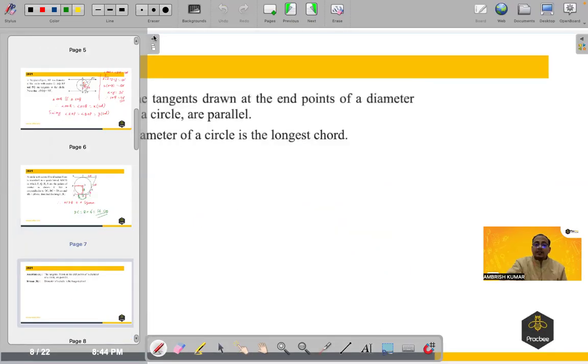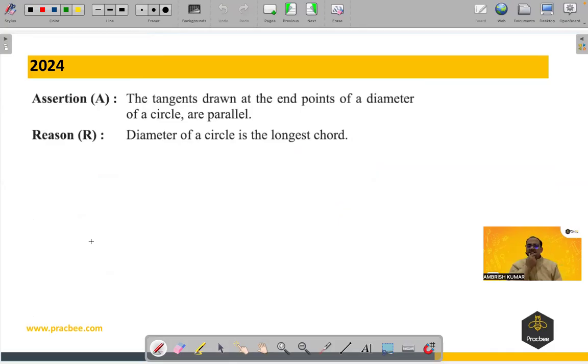Now, getting to the next question. So, assertion and reason. Look, the tangents drawn at the end points of a diameter of a circle are parallel. Yes, it's true. You can say this whenever you take the diametric end points. If you draw tangents there, they are going to be parallel. Now, getting to the reason: diameter of the circle is the longest chord. Yes, this is also a true statement.